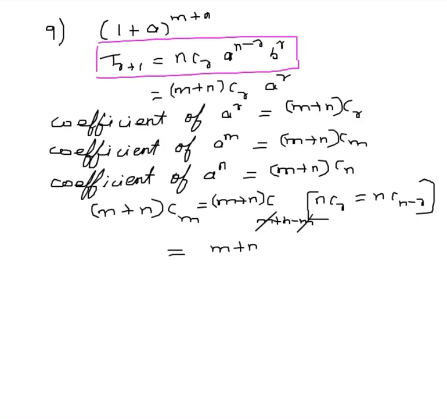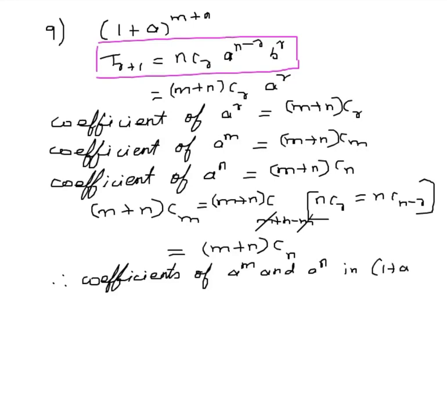We get m plus n C n, which is the coefficient of a power n. That's what we have to prove. Therefore, coefficients of a power m and a power n in the expansion 1 plus a whole power m plus n are equal.